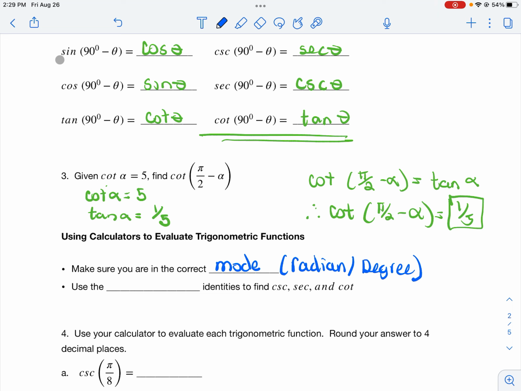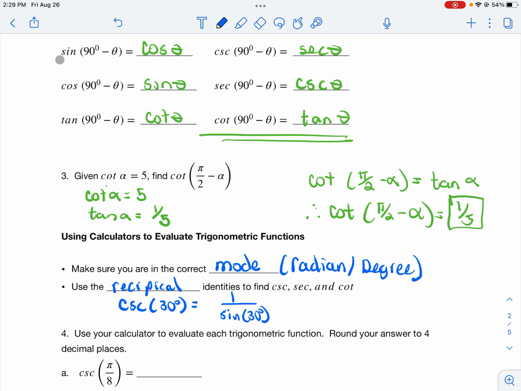And then for sine, cosine, and tangent, they have those buttons on your calculator, so we can just click those buttons. But if we want to figure out cosecant, secant, or cotangent, we're going to have to use our reciprocal identities in order to type this in on our calculator. So if I want to find cosecant of, say, 30 degrees, cosecant is the reciprocal of sine, so I would type in 1 divided by sine of 30 degrees.